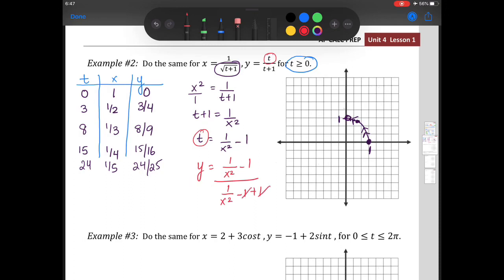The ones cancel out here. I'm just going to take it here. So this would be what? 1 minus x squared over x squared, y is equal to over 1 over x squared. If you do the keep change flip, the x squares cancel out, and what are you left with? y equals 1 minus x squared. So that is your equation.